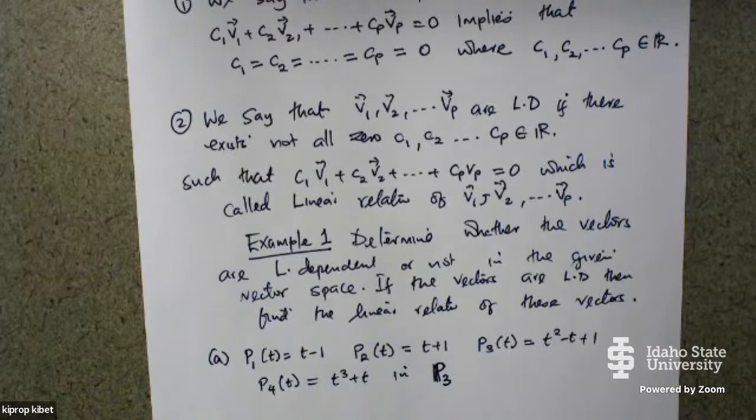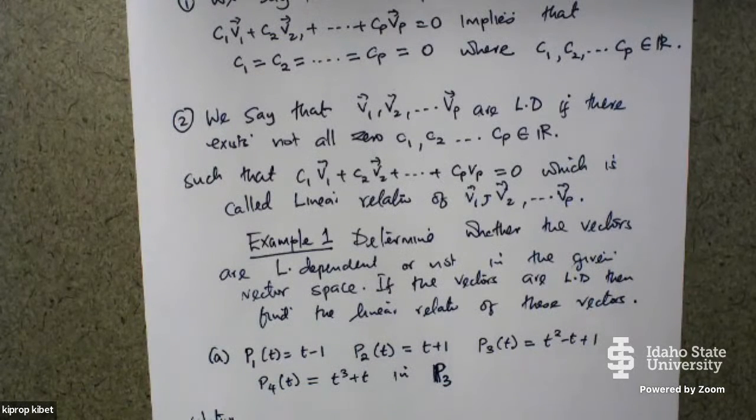Now, how should we determine whether this is linearly dependent or not? What we need to do is write this in the form C1 V1, C2 V2, and so on, equals 0.